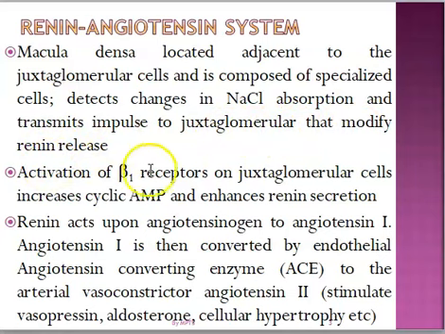Also, on the juxtaglomerular cells, we have beta-1 receptors, and these beta-1 receptors can increase cyclic AMP and also enhance renin secretion. Because when we reach the beta blockers, we are going to talk about them inhibiting renin secretion through this process.